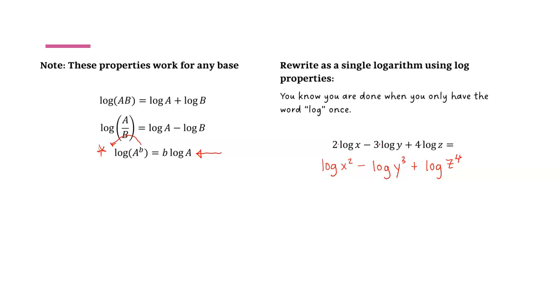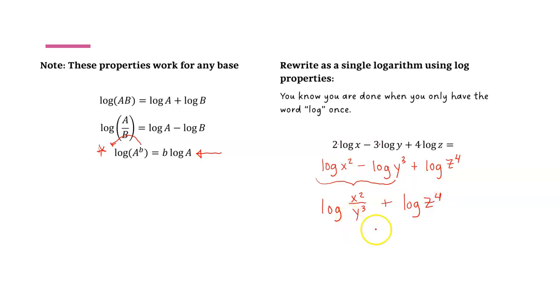Okay. Now I'm going to follow log properties. I'm going to follow order of operations. Addition and subtraction are equivalent, so I start from left to right. So I'm going to do this first. That becomes log of x squared over y cubed plus log of z to the 4th.